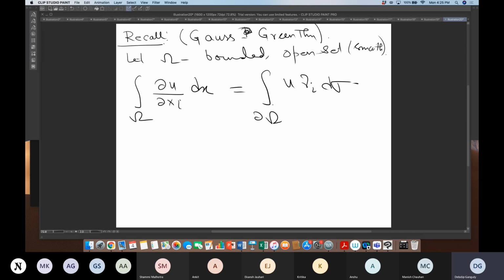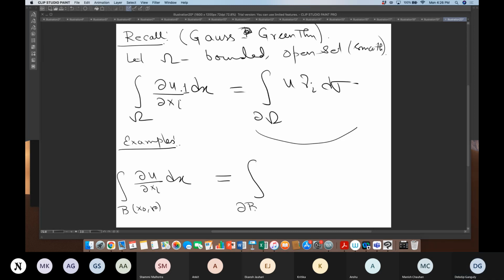You understand, right? This is just integration of 1, so if you take the derivative, it is 0, so only the boundary terms come. This is just an application of integration by parts. For example, if you want to do this in the ball, let's say B(x0, r), a particular example, the integral of del u by del x_i dx is over del B(x0, r).